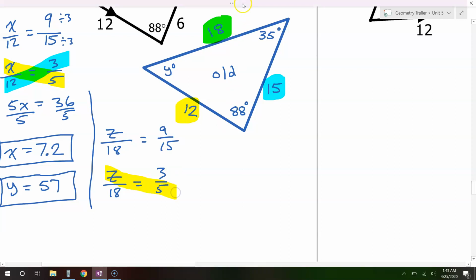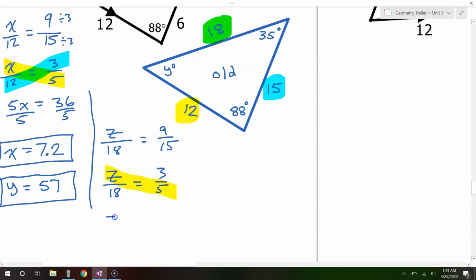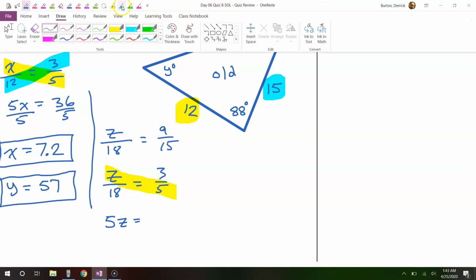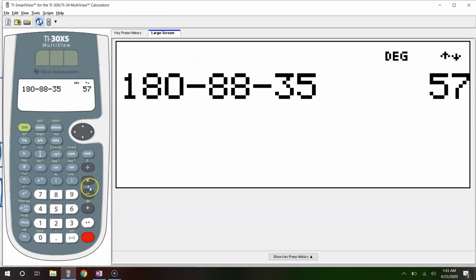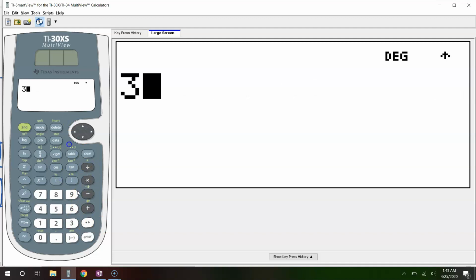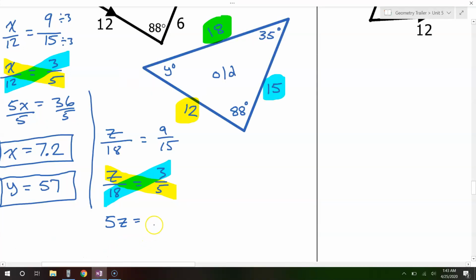So if I multiply this diagonal, I get 5z. If I multiply the other diagonal, 3 times 18. All right, so that is 54.